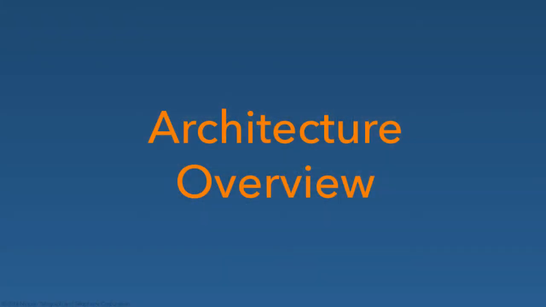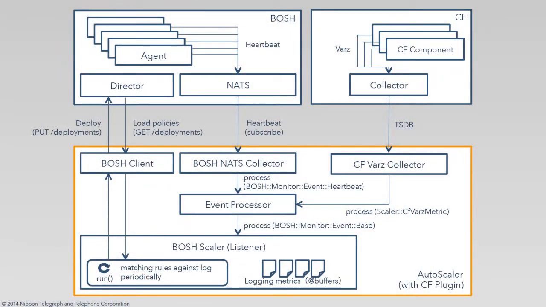So let's look at an overview of the BOSH AutoScaler architecture. This is an image of the BOSH AutoScaler architecture. The rectangle in the bottom is the BOSH AutoScaler and its components. So the BOSH AutoScaler has two main parts, one consisting of collectors and the other consisting of the scaler.